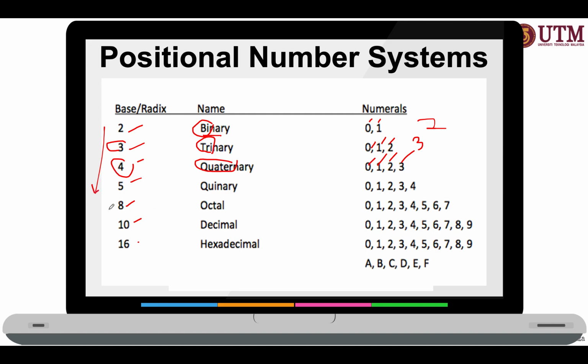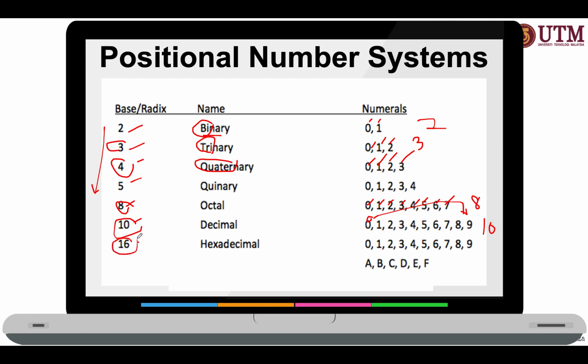Then we have octal over here, which is 8. We have 0, 1, 2, 3, 4, 5, 6, 7, and the total is 8 because it's base 8. And for base 10, we have 0 until 9, so the total is base 10, 10 digits.